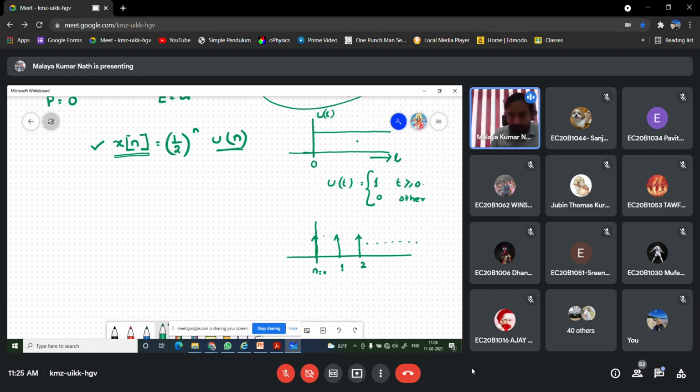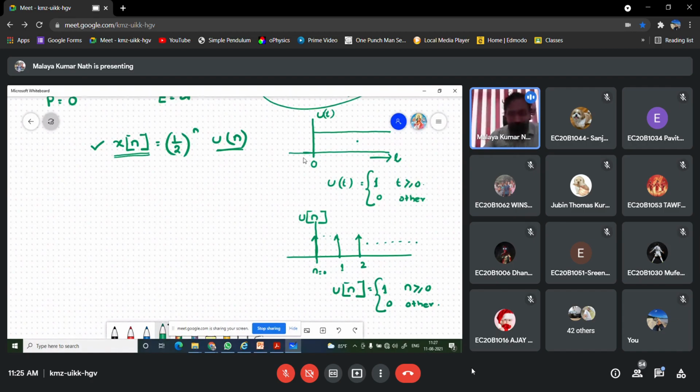This is the unity step signal in the discrete domain. I hope it is clear to all of you. If anybody has any doubt, please tell me, because we are at the basic stage. So mathematically, u[n] is equal to 1 for n greater than or equal to 0, and 0 otherwise.